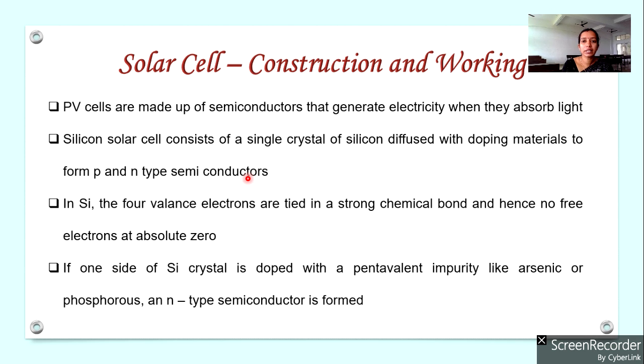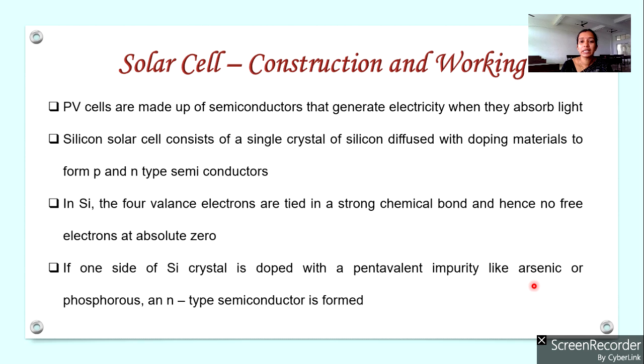So this single crystal of silicon is converted to a p-n junction diode. One side of that silicon is doped with a pentavalent impurity like arsenic or phosphorus.